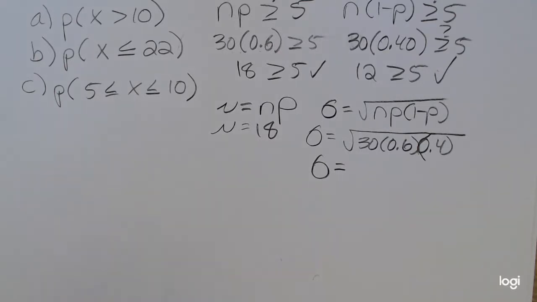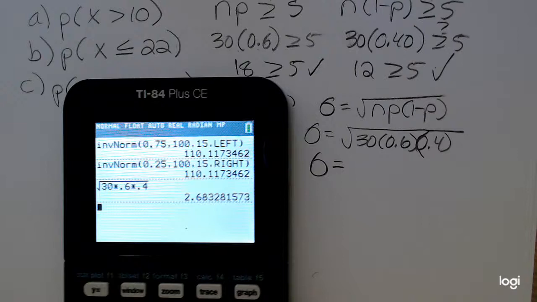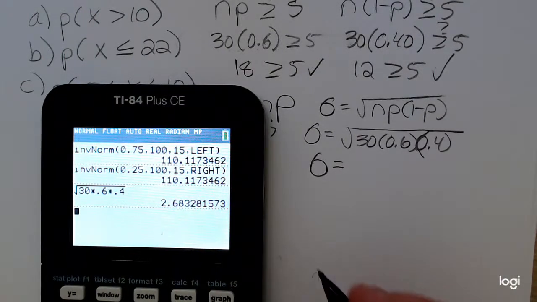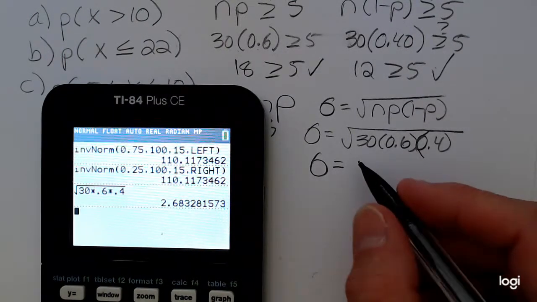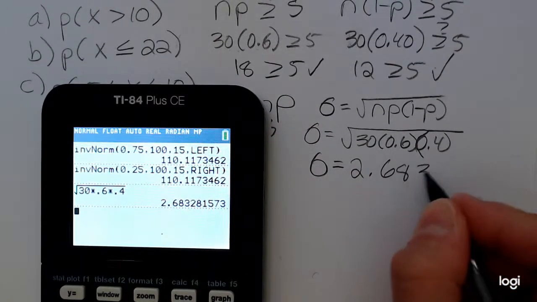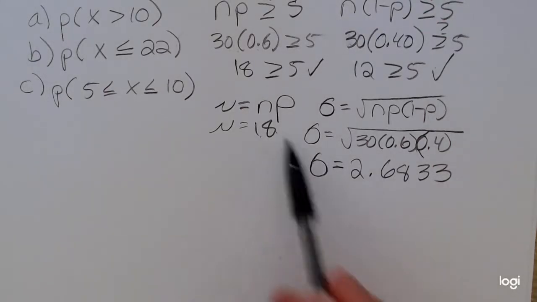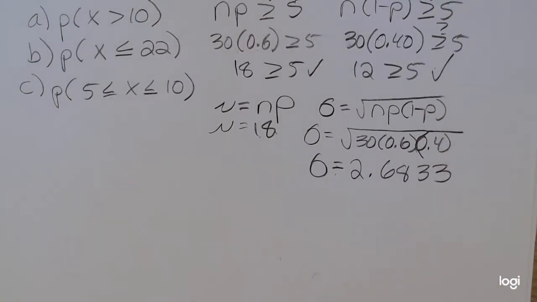All right, I get that value, and I want to carry it out 4 decimal places just to get the best possible approximation I can. I get 2.6833. All right, so now I have my two parameters that I need to use the normal cumulative distribution function in my calculator.